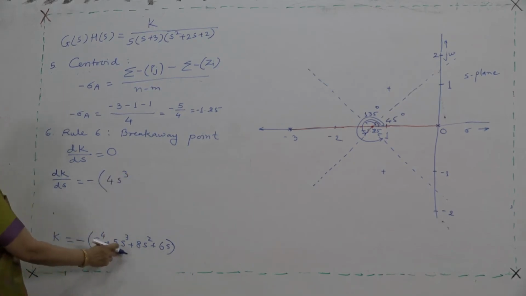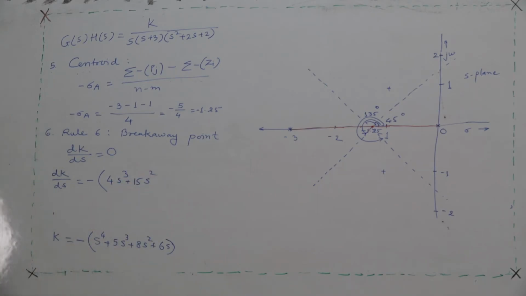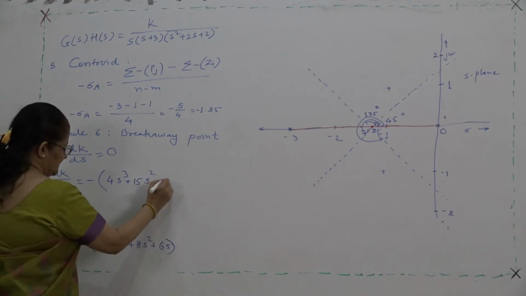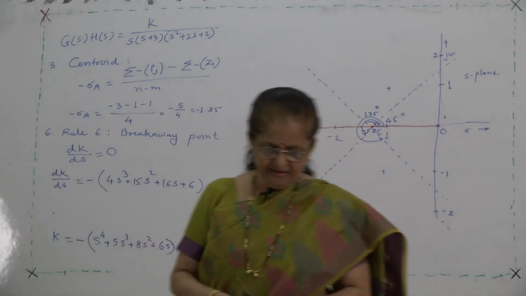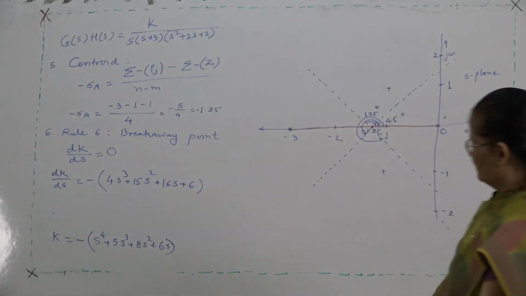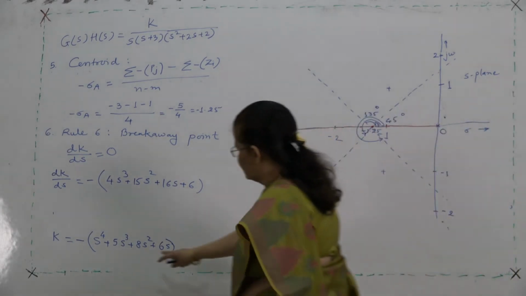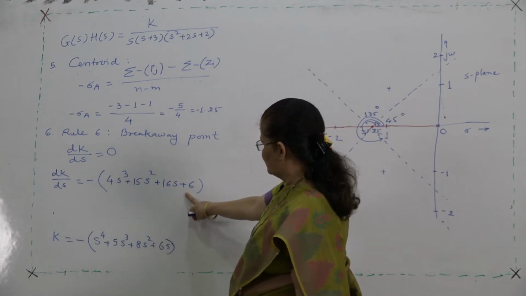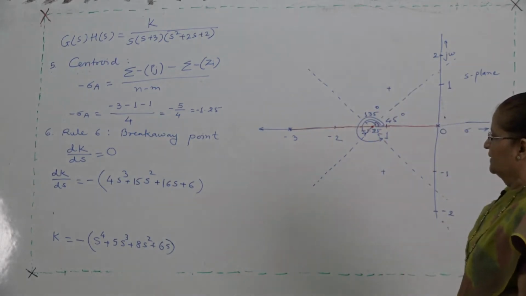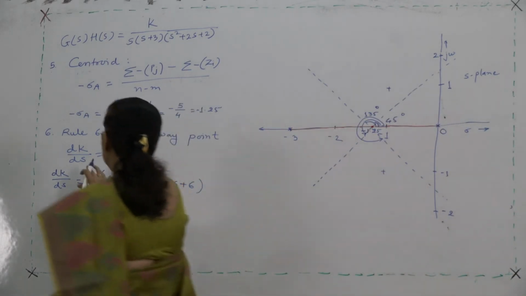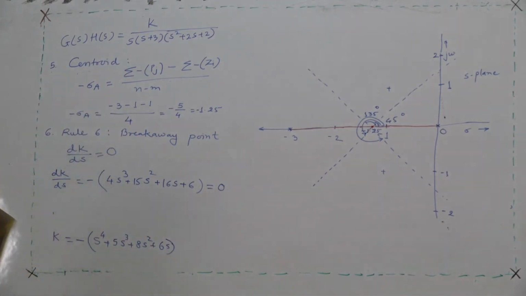So, if k is written like this, what is dk by ds? dk by ds is equal to, take the minus sign outside, s raised to 4, so it is 4 s cube, plus 5 s cube means plus 15 s square, plus 8 s square means 16 s, plus 6 is the dk by ds. 4 s cube plus 4 s raised to 4 plus 5 s cube plus 8 s square plus 6 s, and dk by ds you will get as 4 s cube plus 15 s square plus 16 s plus 6.